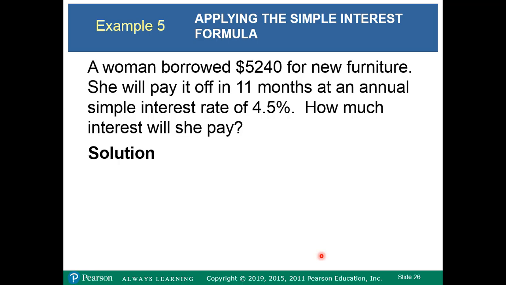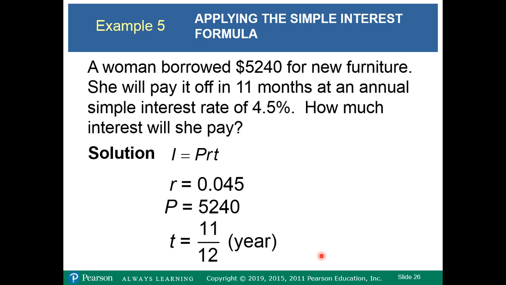So it'll be 0.045 when we use it in the formula. And so we're going to use I equals PRT. What's the principal amount? It's the $5,240. The rate is 0.045. And the time is going to be 11 divided by 12.